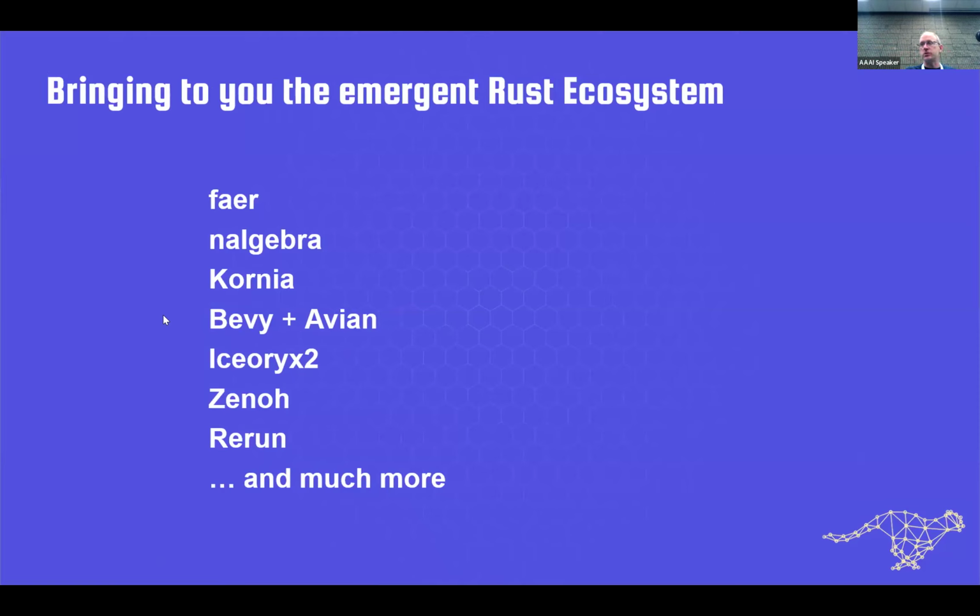Kornia for computer vision, Bevy, which is a game engine, but few people use it for simulation, and we do have a few demos with Copper and Bevy as a simulator. Avian is a physics engine that can be plugged into Bevy, so pretty cool for your simulation. At ICRA 2025, we saw Zenoh, Rerun.